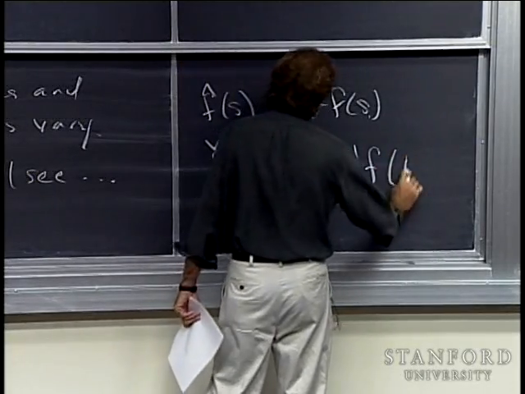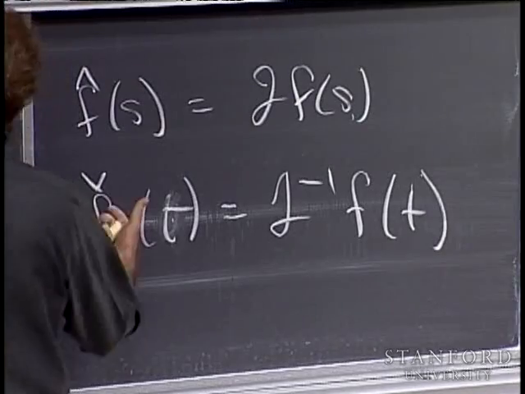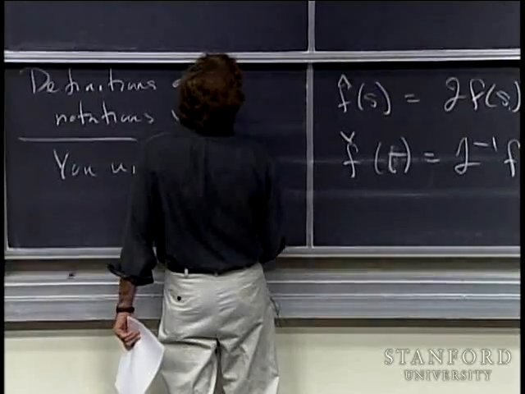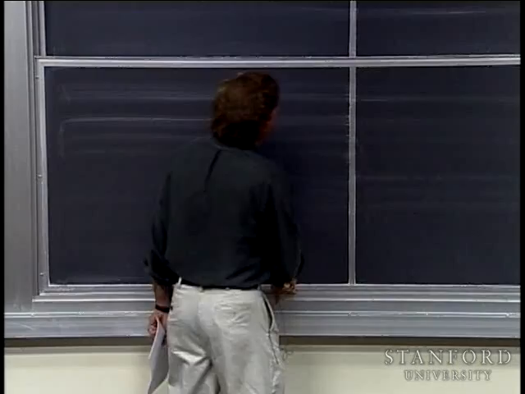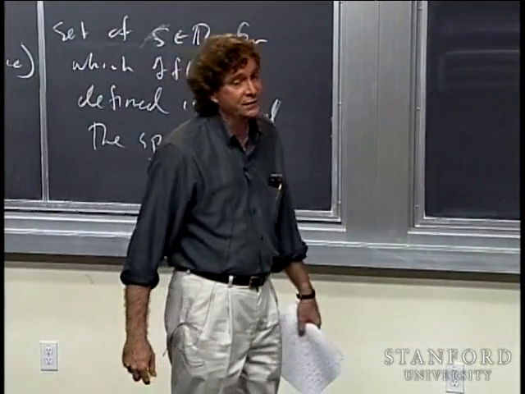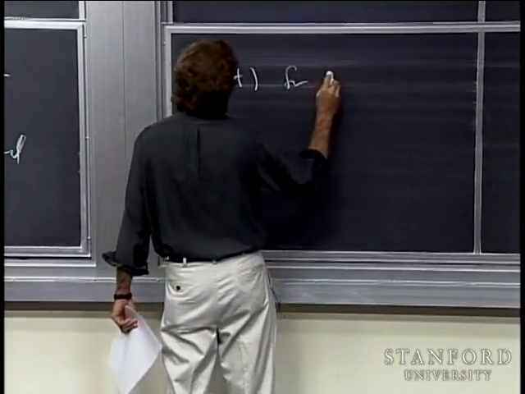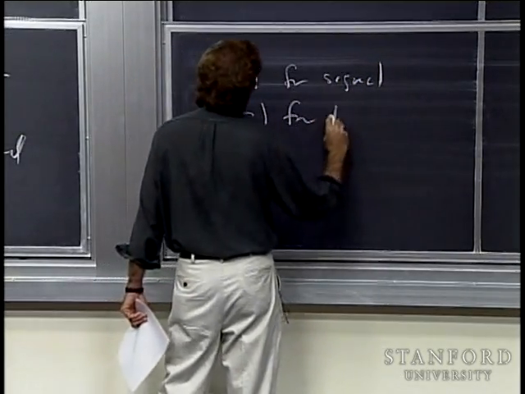You see that notation. It's not uncommon at all. That's probably the cutest one, but it sort of gets lost in typesetting. You also see a very common notation in engineering especially, which is to use a lowercase letter for the function, for the signal, and an uppercase letter for the Fourier transform. So you also see f of t for the signal, and F of s for the transform.